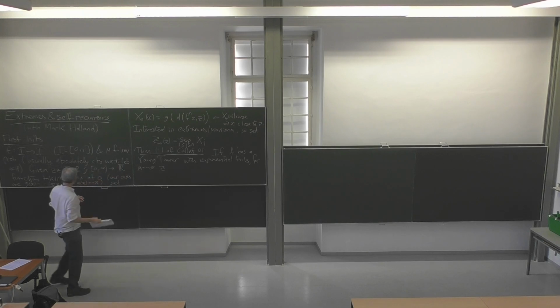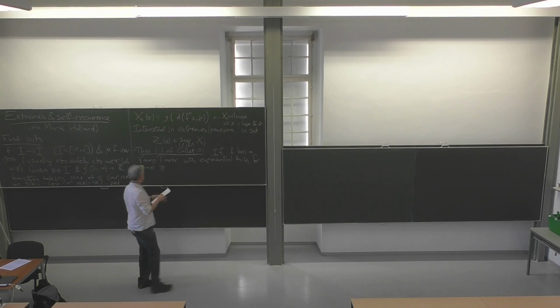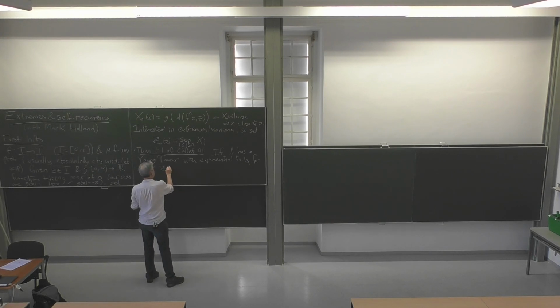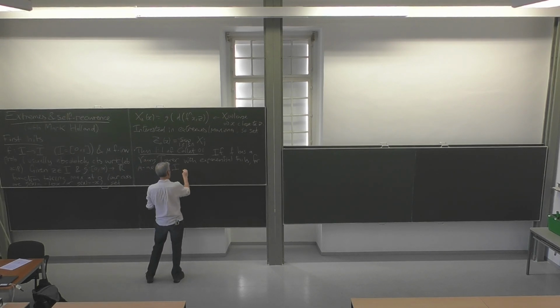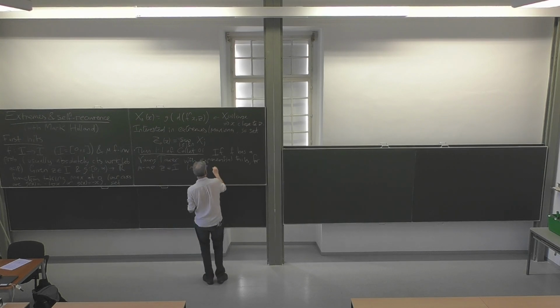Right, so z is the point we want to be close to. I pick my z, how close am I to z? Mu almost every z in I, and here I'm assuming that mu, as I said I would, is an ACIP, and here g is equal to minus log.